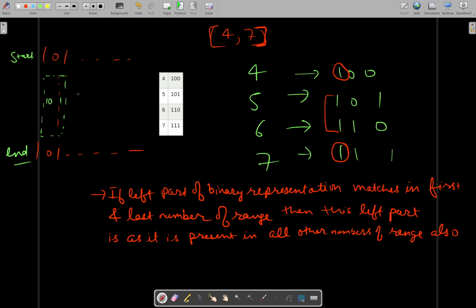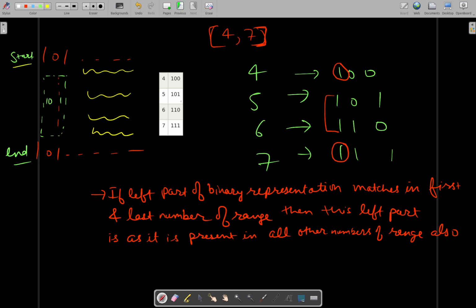We cannot say what will be present in the remaining part of the numbers in between, but we can say for certain that at least this 101 will be repeated in every number that is there. So this is an observation that can help us arrive at an approach that can solve this particular problem.